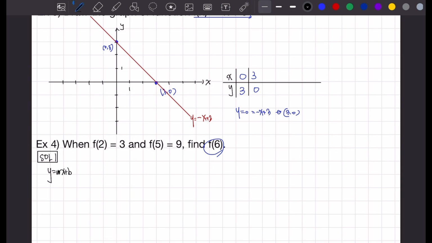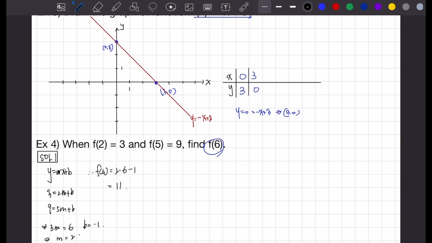When we say this linear function is y equals mx plus b, then 3 is 2m plus b and 9 is 5m plus b. So you can find m first: m is 2 and b is negative 1. When we calculate f(6), 2 times 6 minus 1, this is 11.